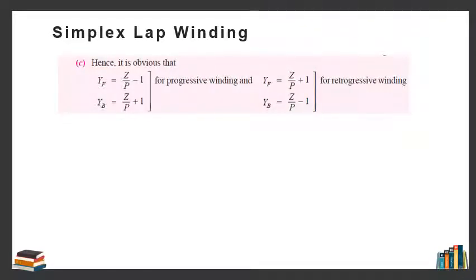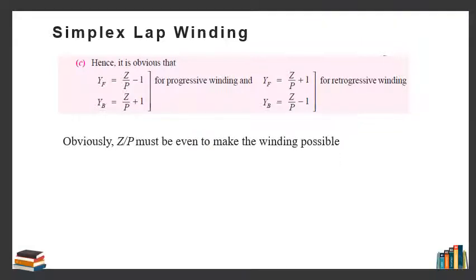Hence, it is obvious that front pitch YF is equal to Z by P minus 1 and back pitch YB is equal to Z by P plus 1 for progressive winding, and YF is equal to Z by P plus 1 and YB is equal to Z by P minus 1 for retrogressive winding. Obviously, Z by P must be even to make the winding possible.